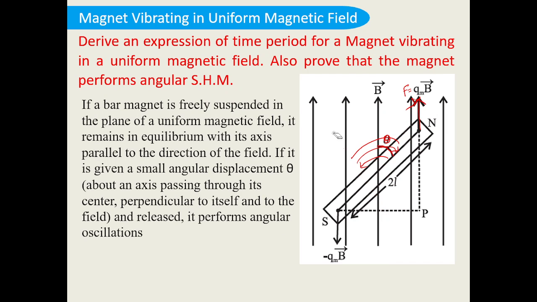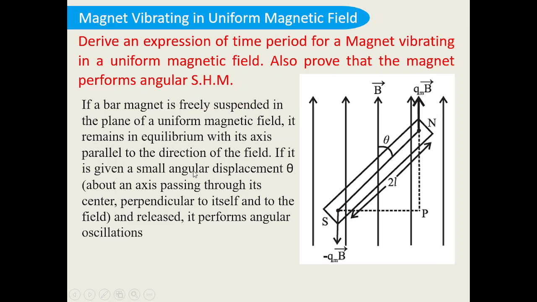So we have to prove this theoretically. How can we derive that it is moving in the angular SHM format? If the bar magnet is freely suspended in a uniform magnetic field, it remains in equilibrium with its axis parallel to the direction of the field.